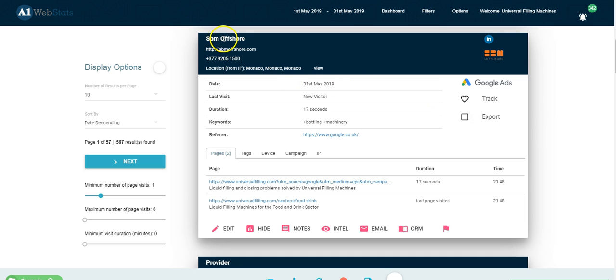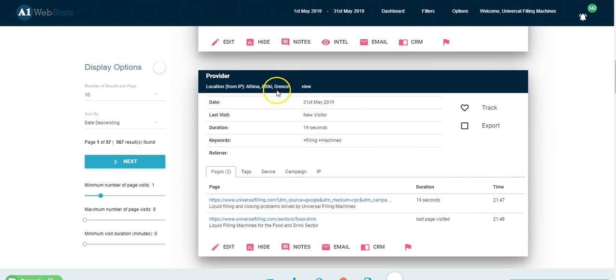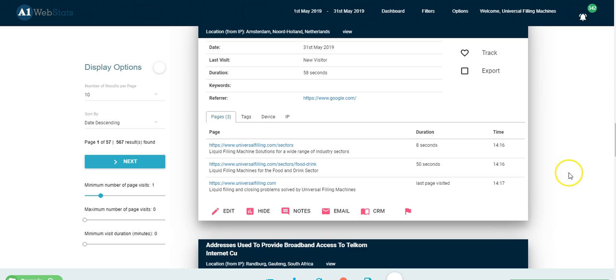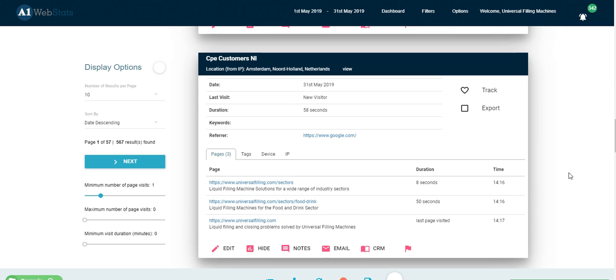For example, this person from Monaco came in from Google Ads, landed on a particular page that went to sectors and went no further. This person from Greece came into the website from a generic search and got as far as the sectors page and went no further. And as you go through the data, you start to see these patterns, and all the time you're seeing people get into certain pages, but there's not a link between those visits and inquiries being gained.